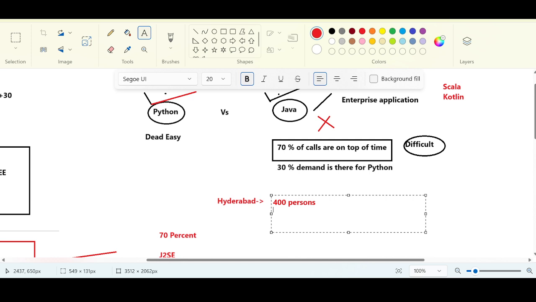The count will drop to 50% by the end of the class, because the way it is being taught is not up to the mark.